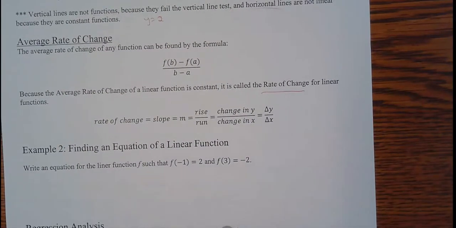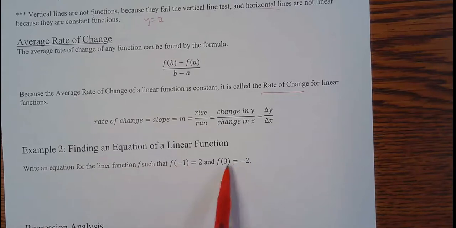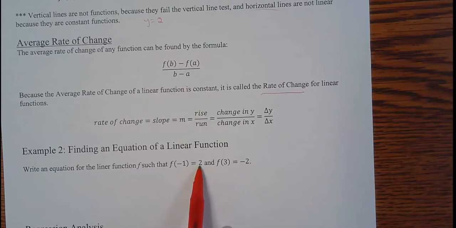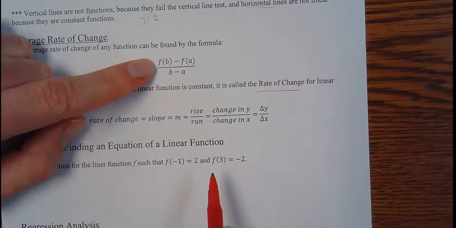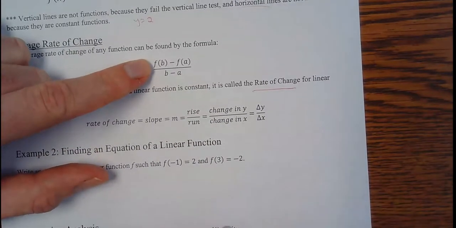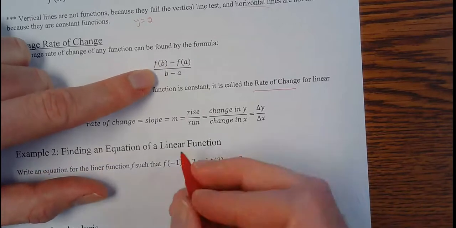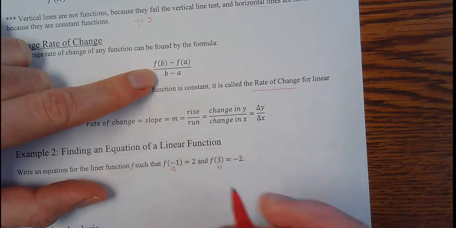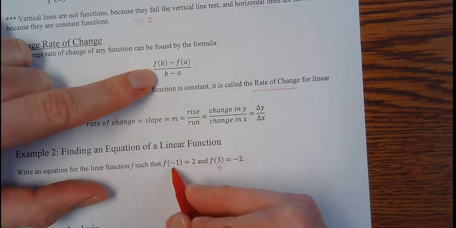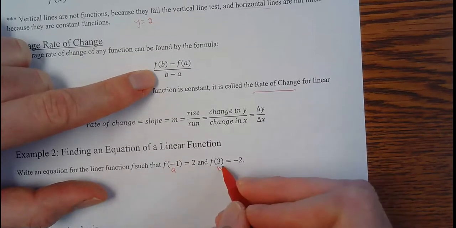Now find an equation for a linear function that meets this criteria. So when I plug in -1, I get 2. When I plug in 3, I get -2. So look at this guy up here. You can call one of these A and one of these B. It doesn't really matter which one's which. We could just call this A, this B. So f of A, we'll do f of B. We'll do this guy first.